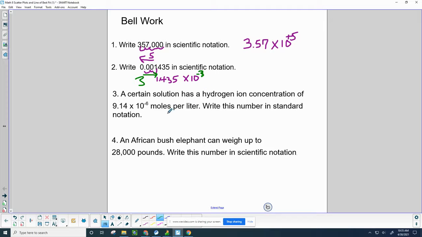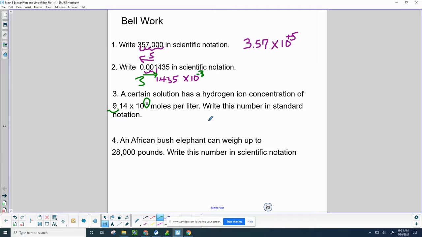Okay, now a certain solution has a hydrogen ion concentration of 9.14 times 10 to the -6 moles per liter. Write this number in standard notation. So what we're going to do now is work in reverse order. We have to move the decimal 6 places back to the left. So we're going to move it 6 places to the left, like that.